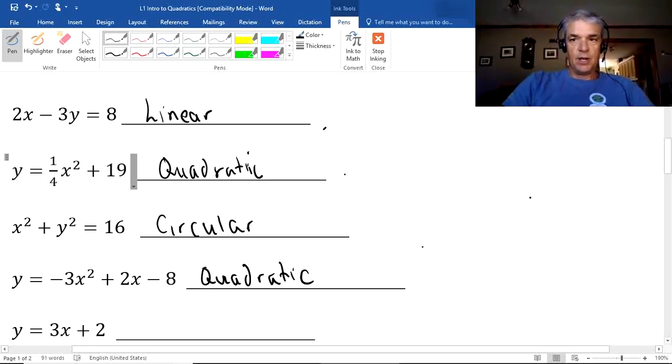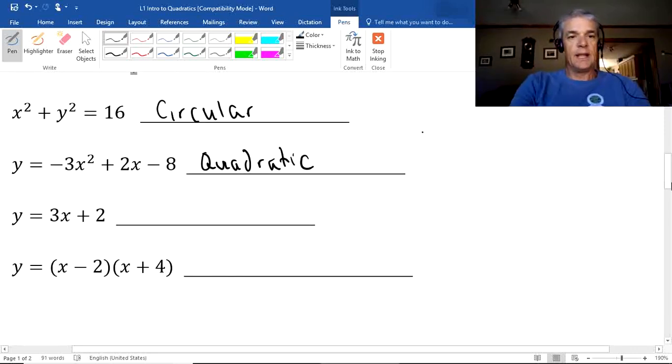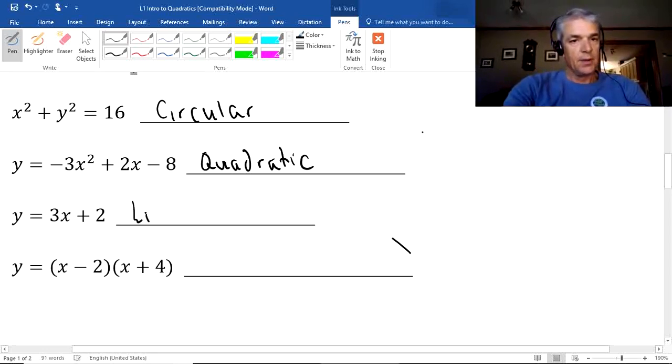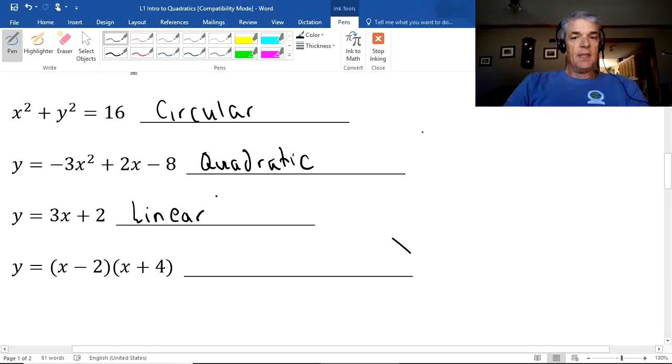And then we go down a little further here. This one is y equals 3x plus 2. This one does not have a square on either of these, so this would be a linear equation, a straight line equation. And then the last one is a little bit tricky because I have y equals x minus 2 times x plus 4.